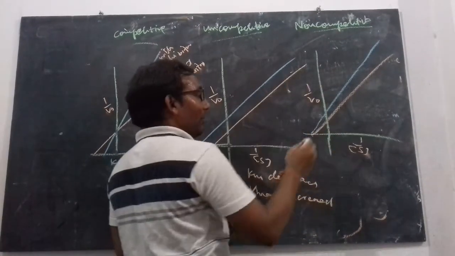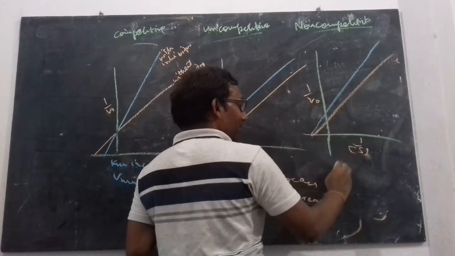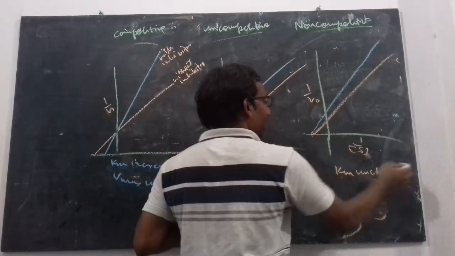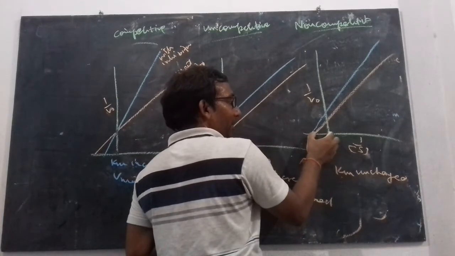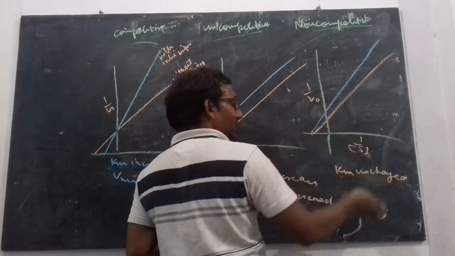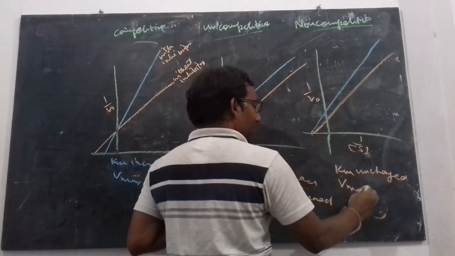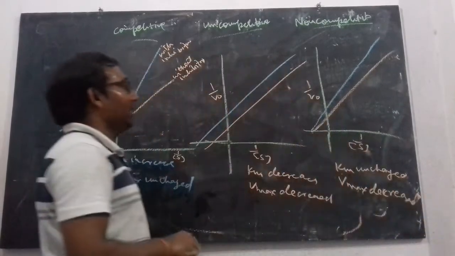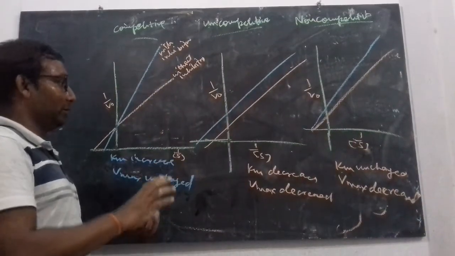And in case of non-competitive, you see Km unchanged, no change in Km, but Vmax has decreased. If you remember this, then all problems will be solved.